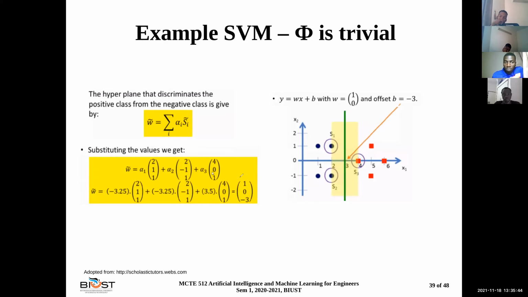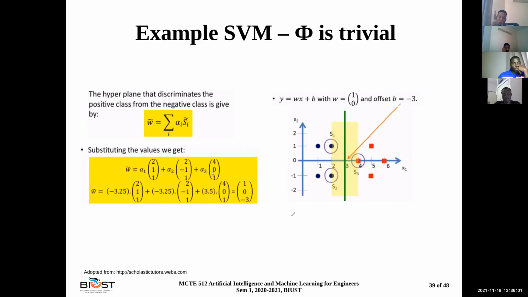And so your W is W1, W2, and this is B. Because we are using augmented support vectors, the last part here is the B. So now we can say that your W is 1, 0, and your offset is -3.